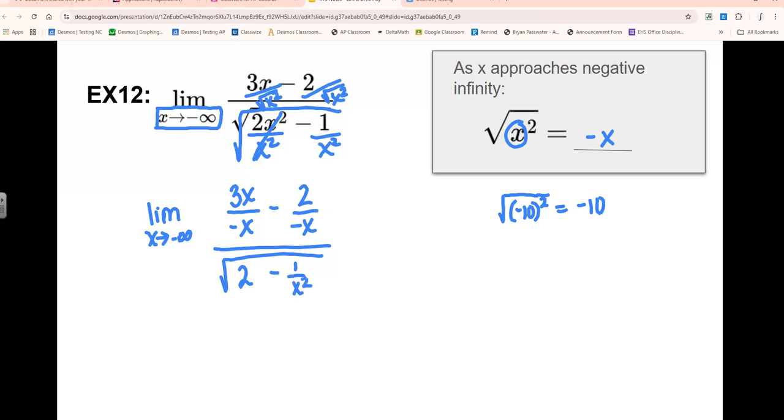It really only affects the stuff in the top because the stuff in the bottom is all under the square root and it's just going to simplify. So I'm going to write another step here and simplify just to be very clear. This is going to be negative 3 plus 2 over x, and I've got the square root of 2 minus 1 over x squared.